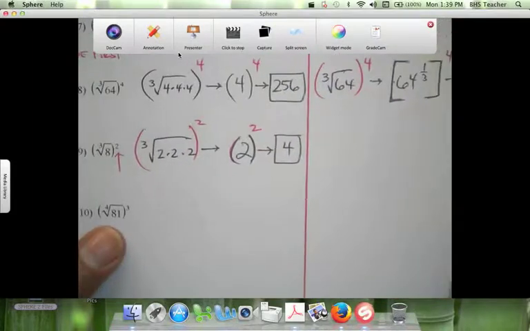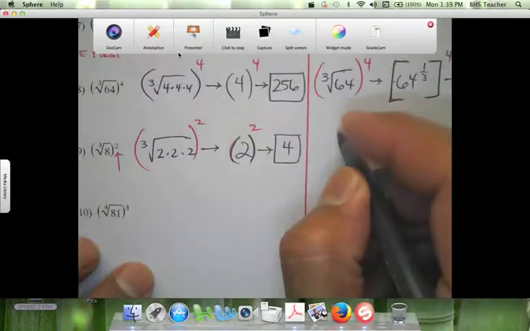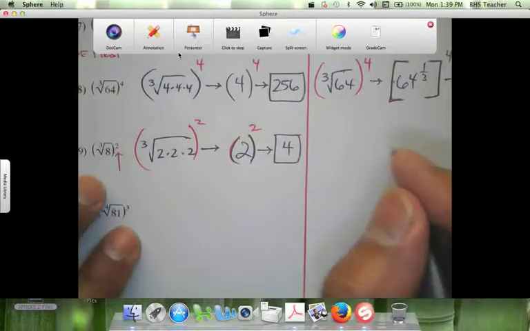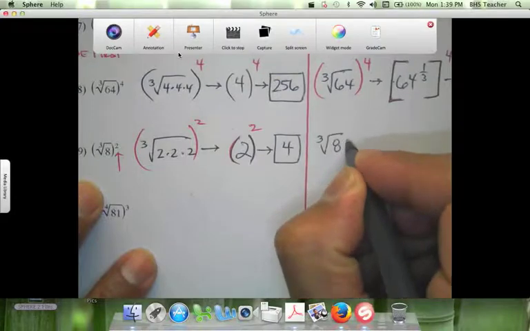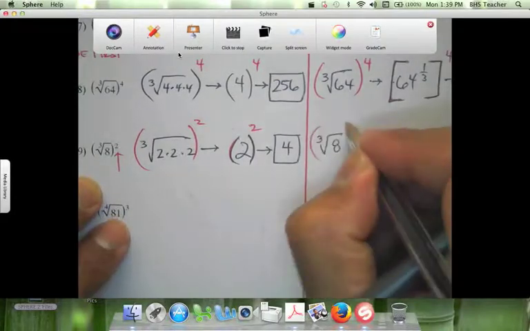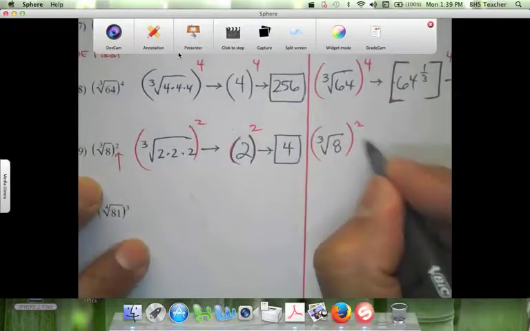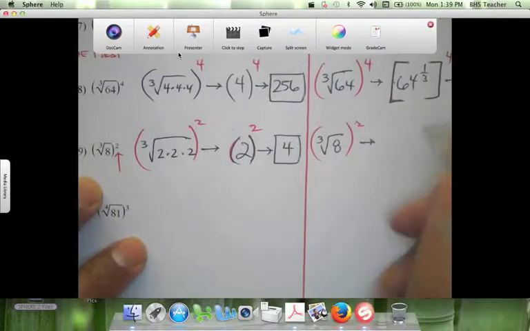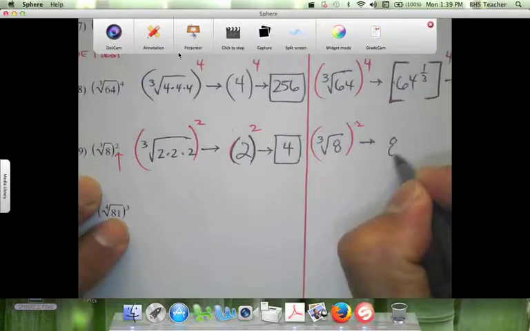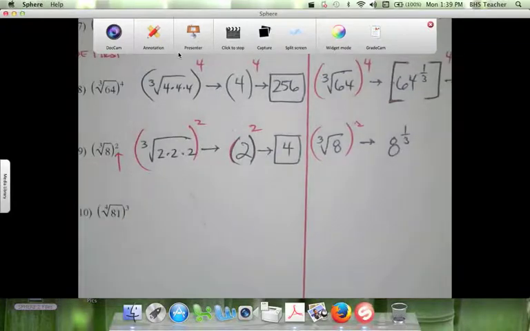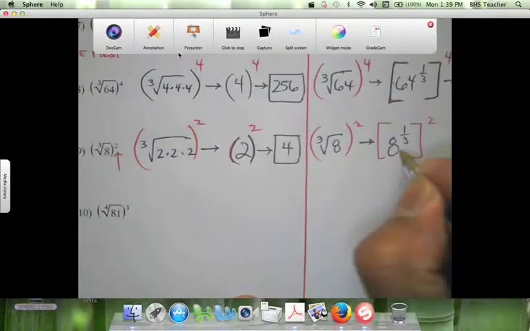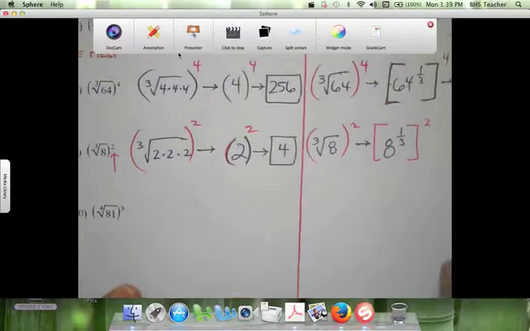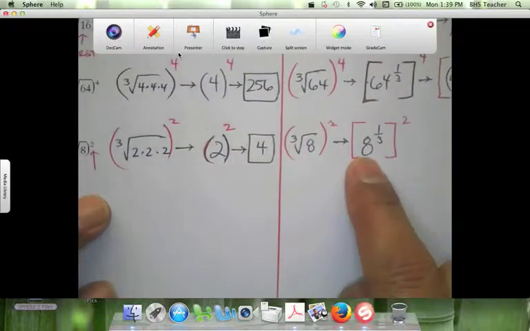Doing it this other way, where you got to use the rational exponents. Cubed root of 8, and then that's to the power of 2. That's going to be 8 to the power of 1/3. I'm using these rational exponents, to the power of 2. We'll do the inside first. 8, we know is 2 to the power of 3.